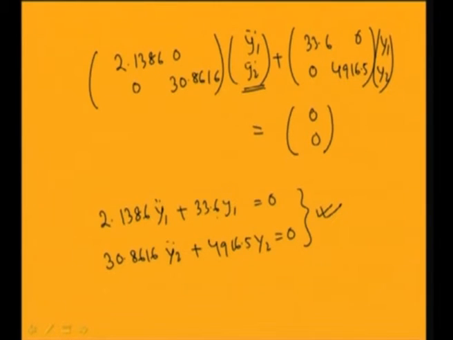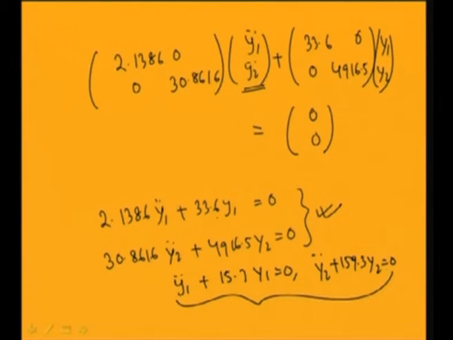So the first equation becomes y1 double dot plus 15.7 y1 equal to 0, and the second equation becomes y2 double dot plus 159.3 y2 equal to 0. So using both methods you are getting the same expressions for y1 and y2.